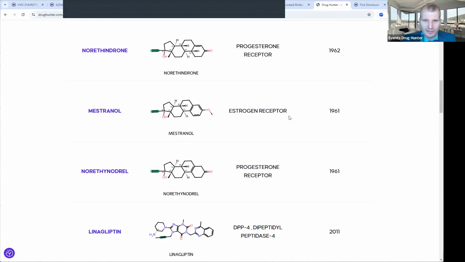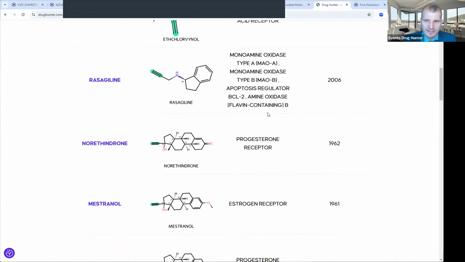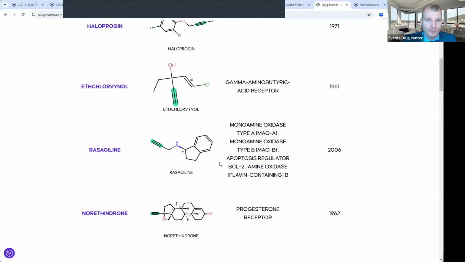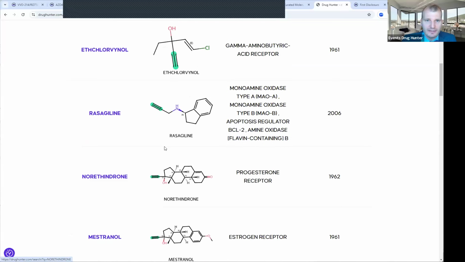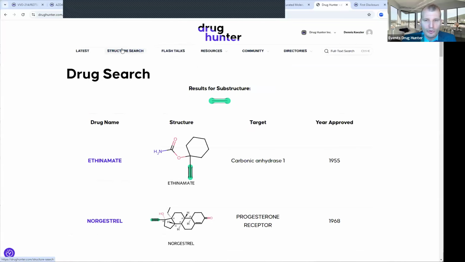And because these compounds, the progesterone and estrogen receptor modulators, are dosed at such low doses, the problems that you often have with acetylenes, specifically with terminal acetylenes, for example time-dependent inhibition, are often not a problem.